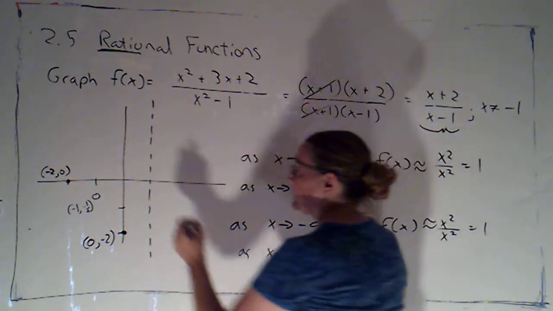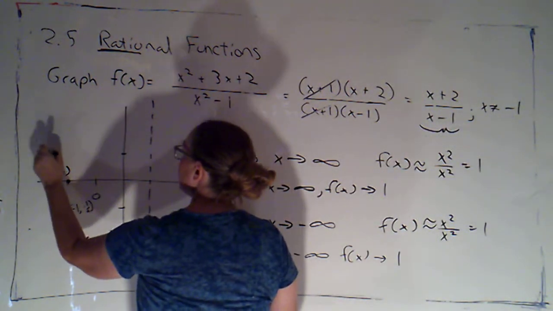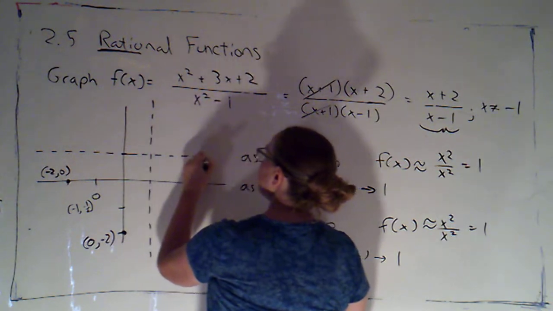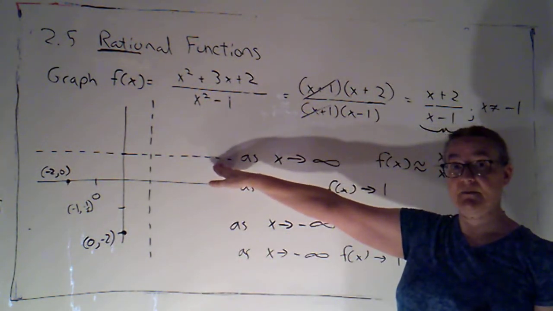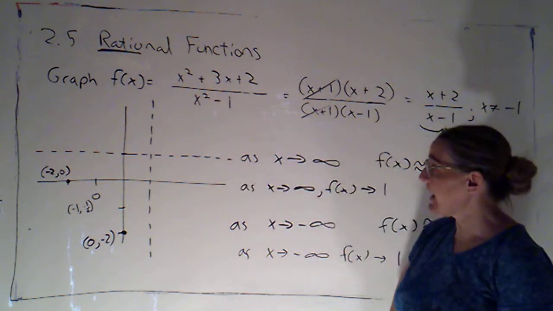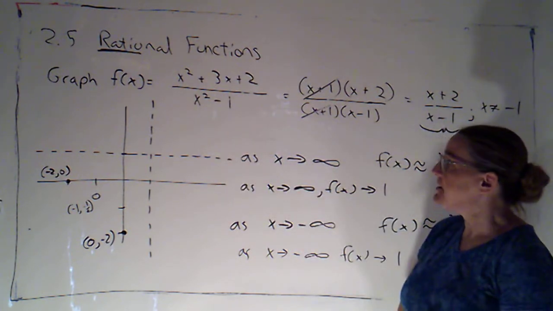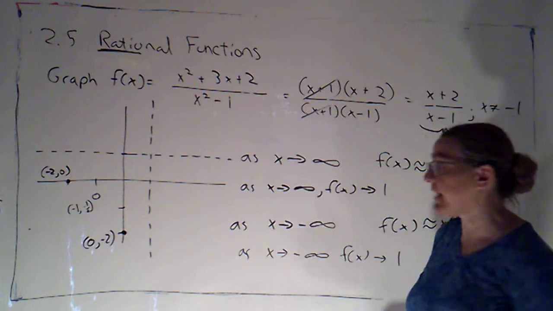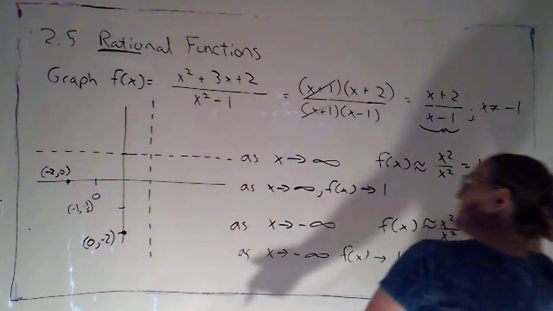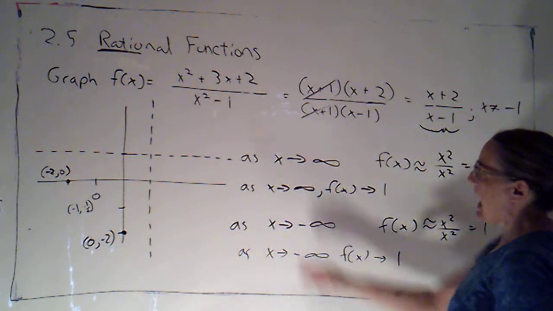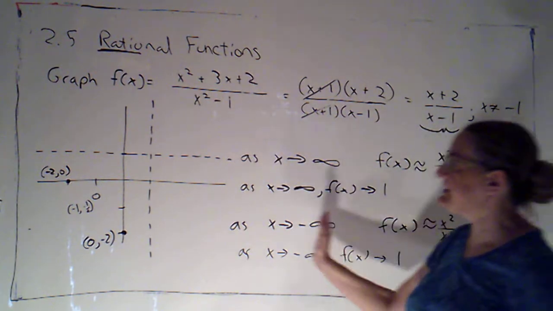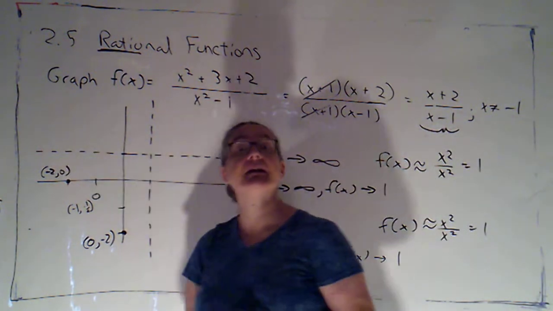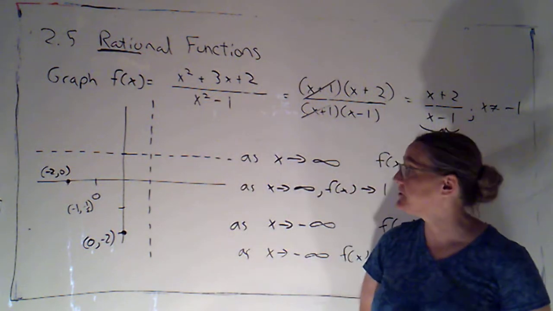When I have something like that, where the end behavior is that my y values are approaching a finite number, we're going to have a horizontal asymptote. Okay, excellent. So when I play connect the dots, and I'm going really far to the right, I've got to ultimately be getting close to that horizontal line. Same thing on this side, I've got to be getting close to that horizontal line.